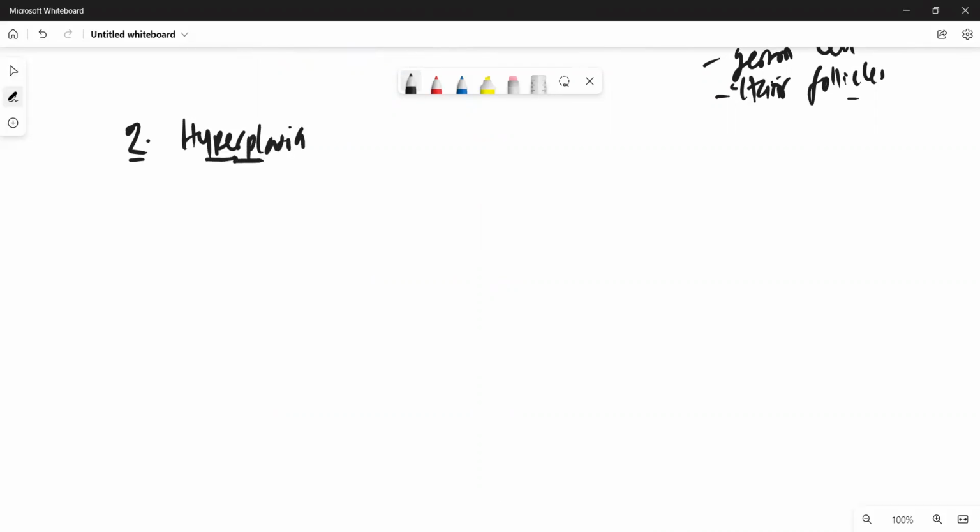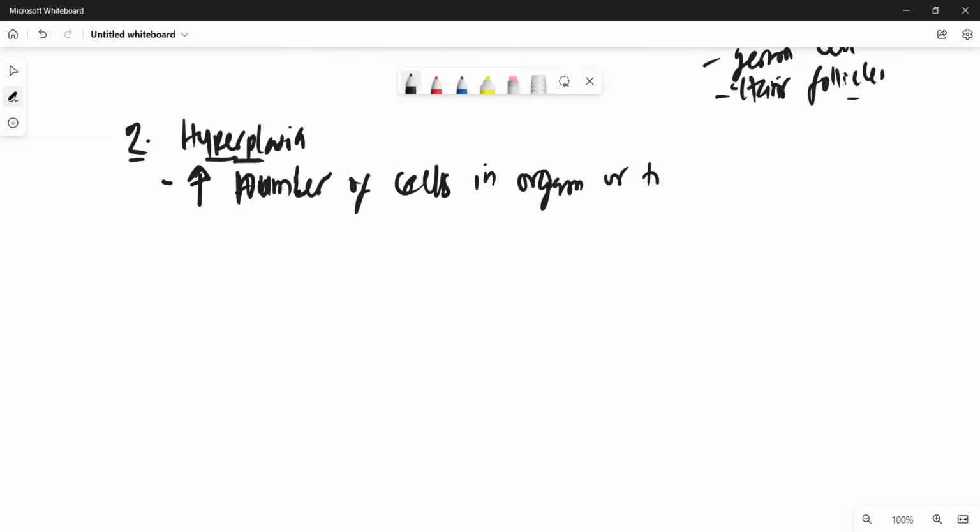So what's hyperplasia? Hyperplasia is an increase in the number, so here it is number, not size. An increase in the number of cells in the organ or tissue. Something to also remember is that sometimes hyperplasia and hypertrophy can occur together.